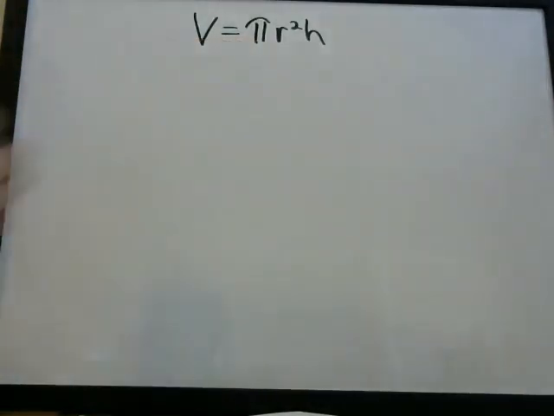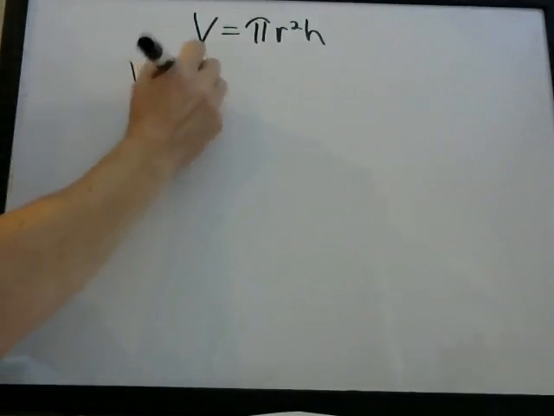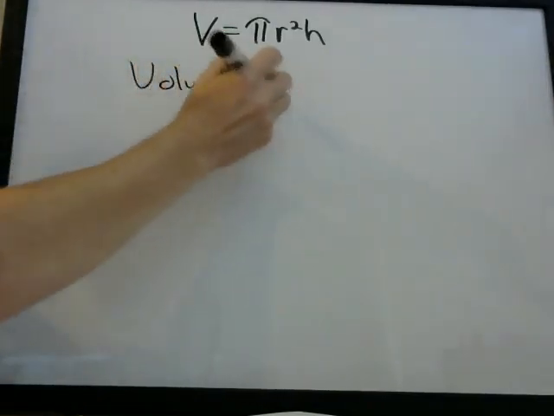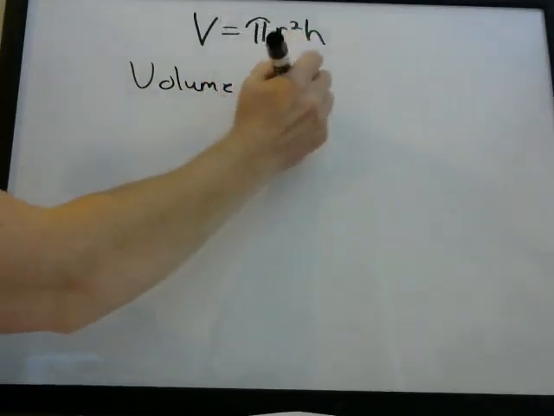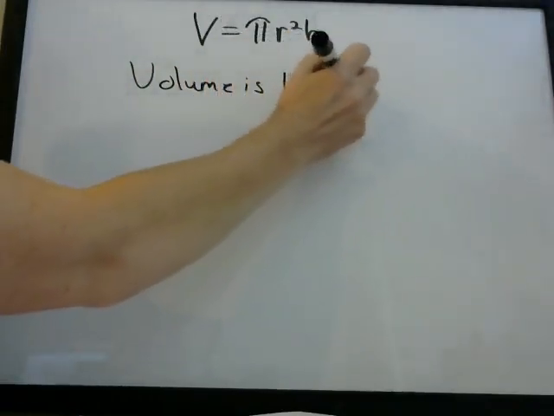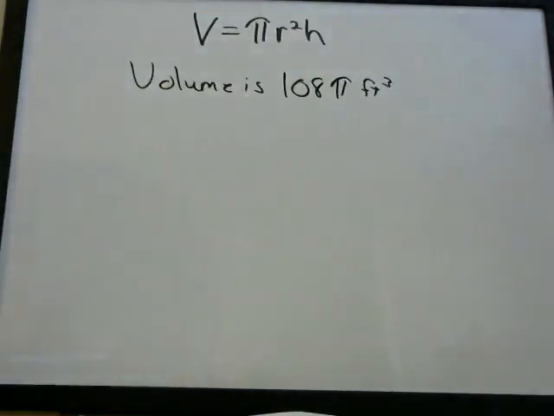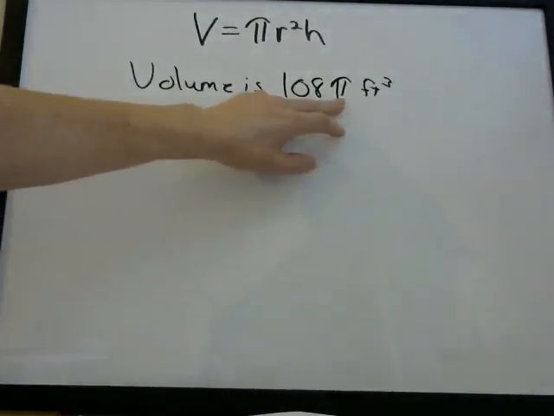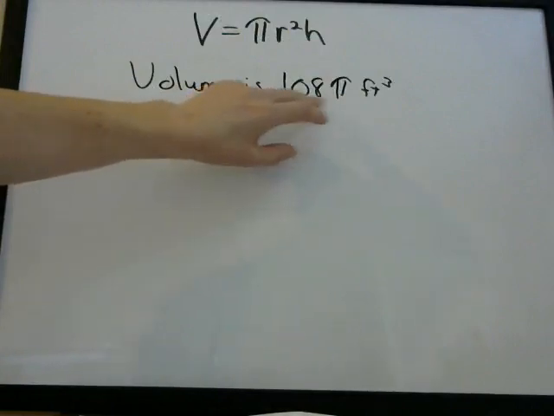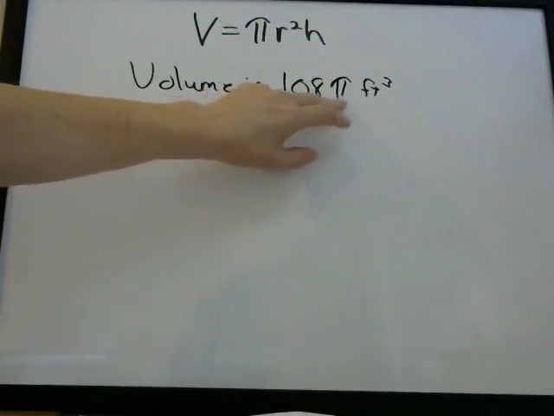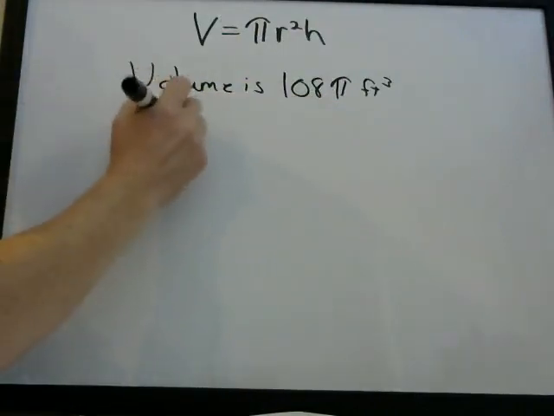So let's say they say the volume is 108 pi feet cubed. So they just left the pi there. Remember, this is just a number, so it's really 108 times 3.14, but we say leave it in terms of pi.